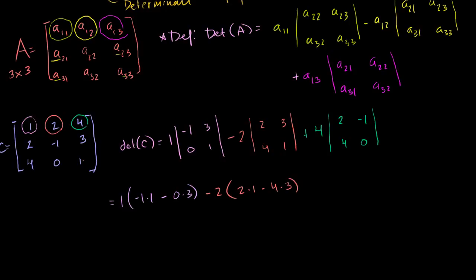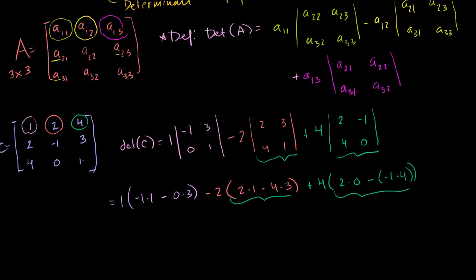And then finally, we're going to have a plus 4 times 2 times 0 minus -1 times 4. I wrote it all out so you can see that each of these is just the determinant of the 2 by 2 submatrix for each of these guys, and then you have the coefficient out front.